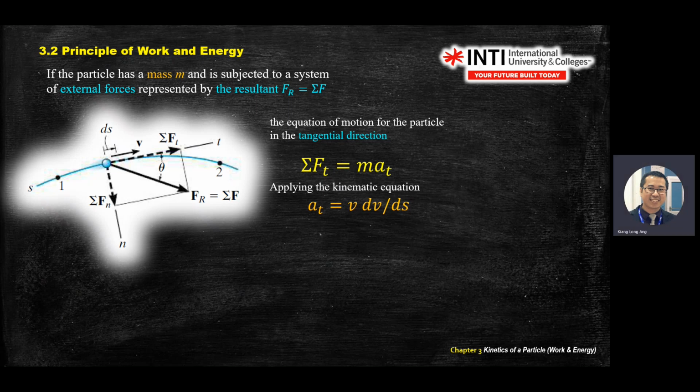Why normal direction in chapter 3 are we not interested? Why? It's not that we're not interested, but we give it lower priority. Why? What is work again? Work is force multiplied by distance.